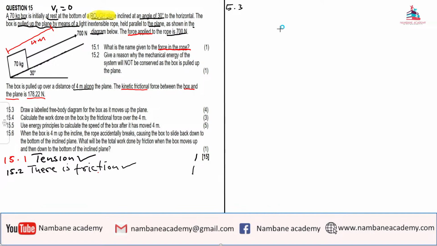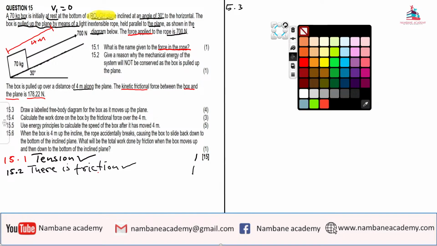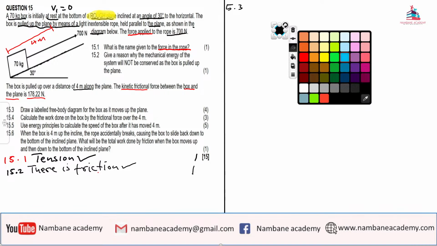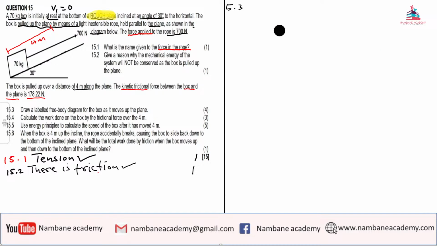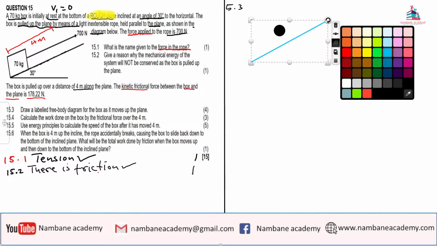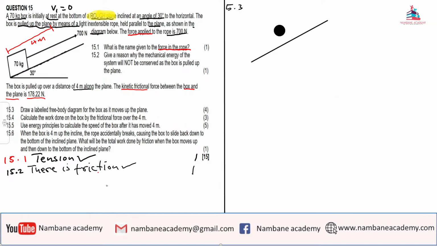Let me have my dot and fill it with black. Fine. Now what I usually do, such that I do not confuse my diagrams, I usually have a plane here, and this plane basically represents the surface. Now I can add my arrows.